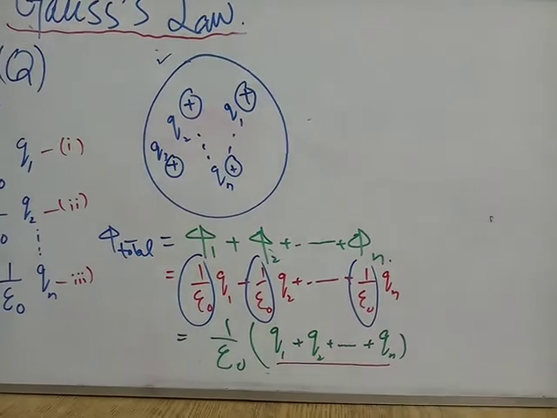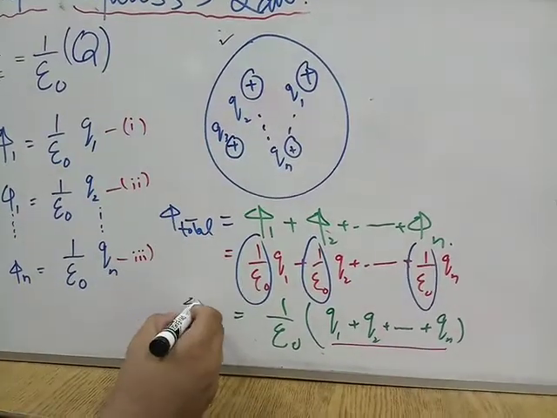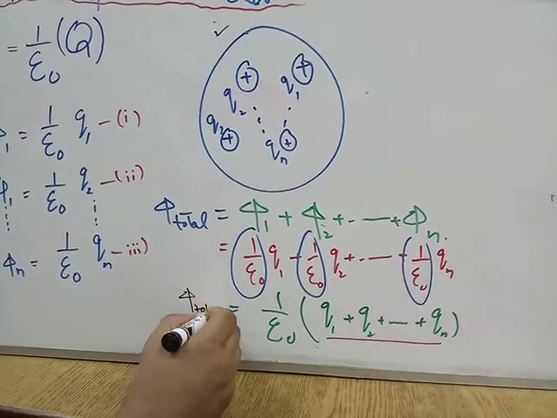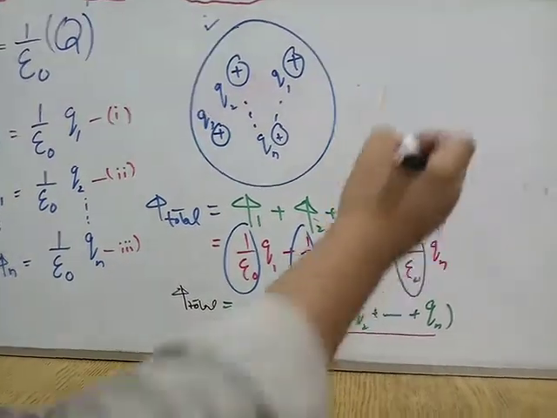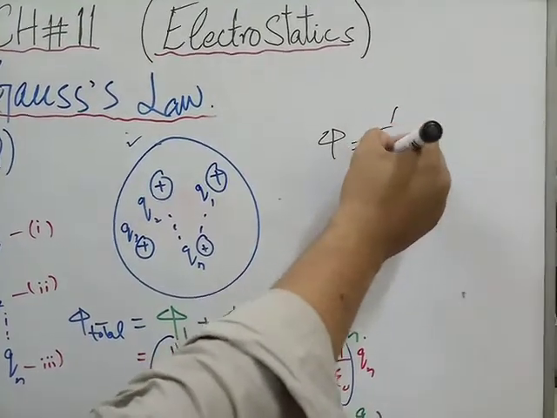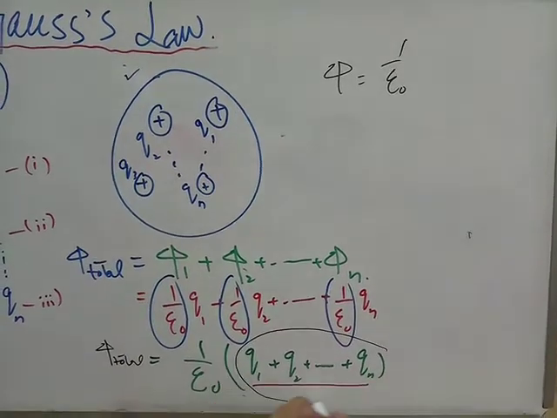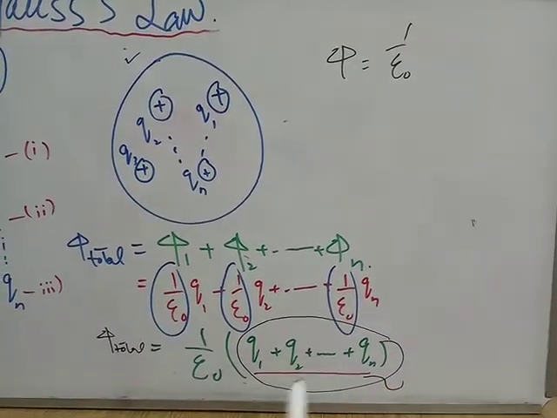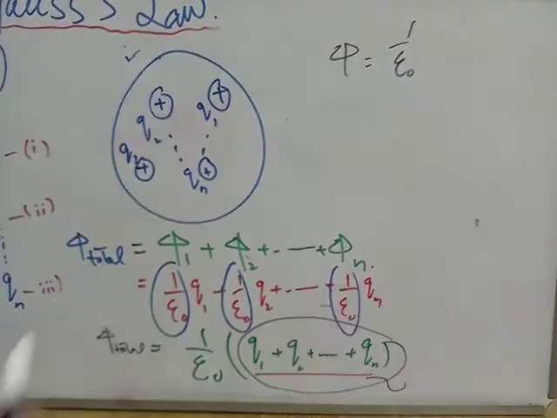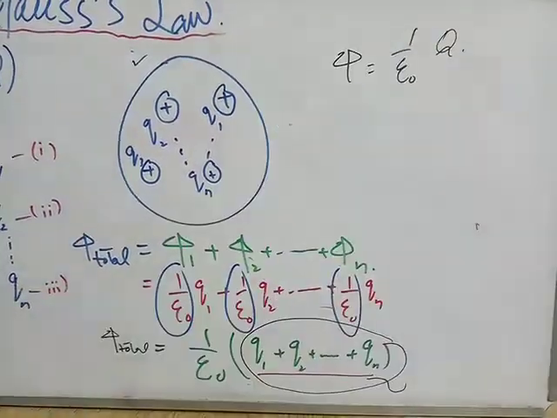So the total flux for all the charges is 1 over epsilon naught times, and we represent this by a capital Q. This Q is the total charge which is enclosed in it, so we can write this.